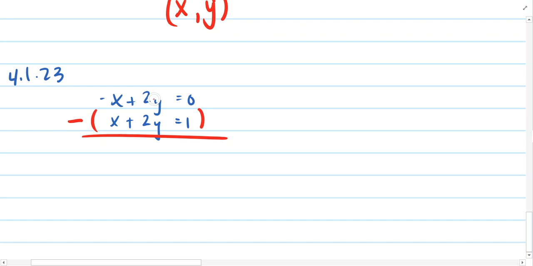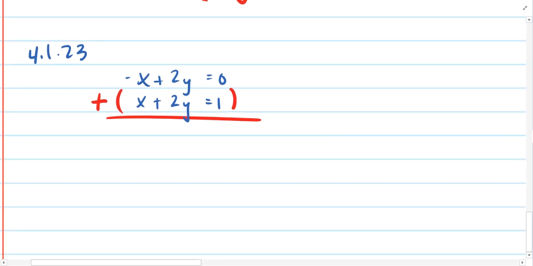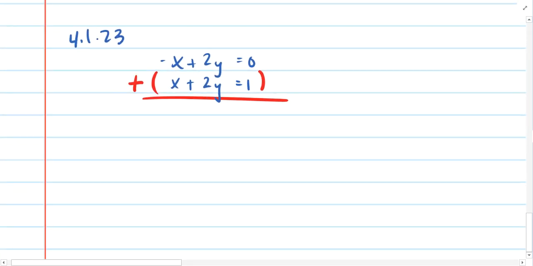If I were to subtract them, then in the middle here, 2y take away another positive 2y. 2y minus 2y is 0, and that would effectively eliminate the y values. Now either technique is appropriate and acceptable, but whenever possible I tend to add my values together. I make fewer mistakes this way.